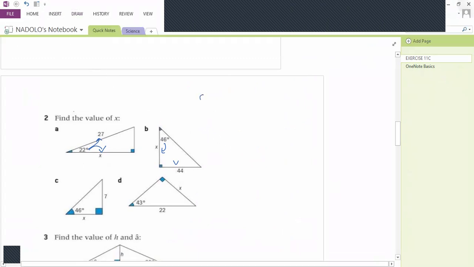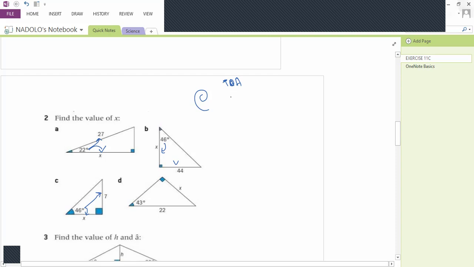Now let's look at C. X is a side, and then we have 90 degrees, so it's a right angle triangle. This angle has an adjacent side called X and opposite side called 7. So which ratio, which acronym goes with that? You'd realize it is tan.